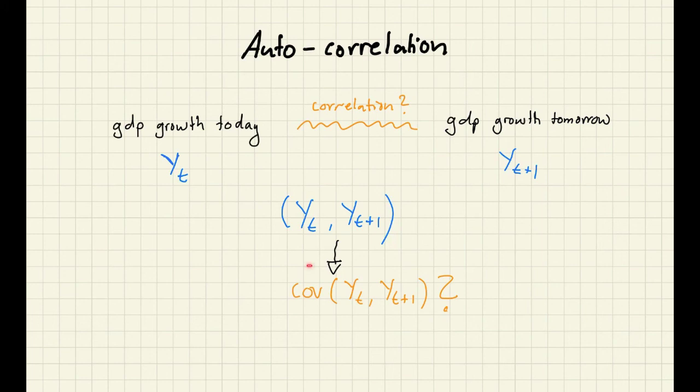Without stationarity, this covariance could potentially depend on t. So to specify the question whether GDP growth today and GDP growth tomorrow are related, I would first have to specify in what time period. But under stationarity, this covariance is independent of t.